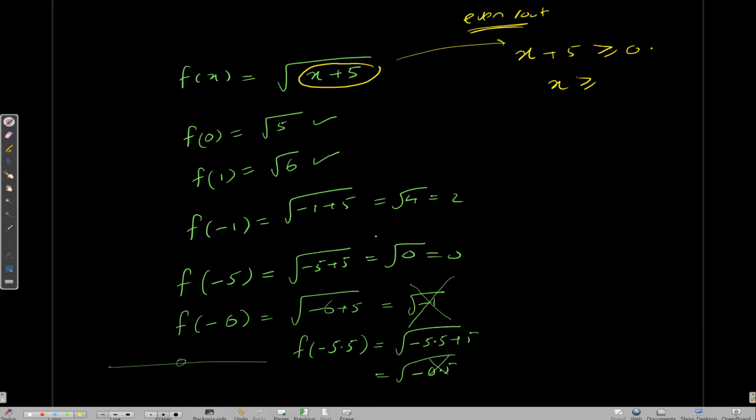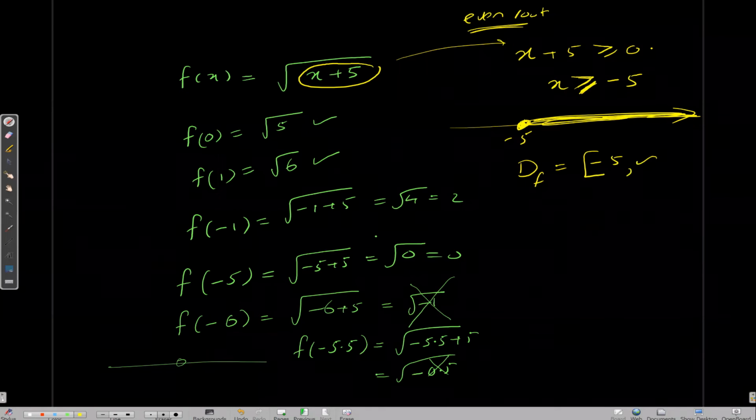See, this is one reason why we learned inequality earlier. So x has to be greater than or equal to -5, because if it is equal, it can be 0 and it is perfectly fine. So the domain of f is -5, this time including -5, up to infinity.